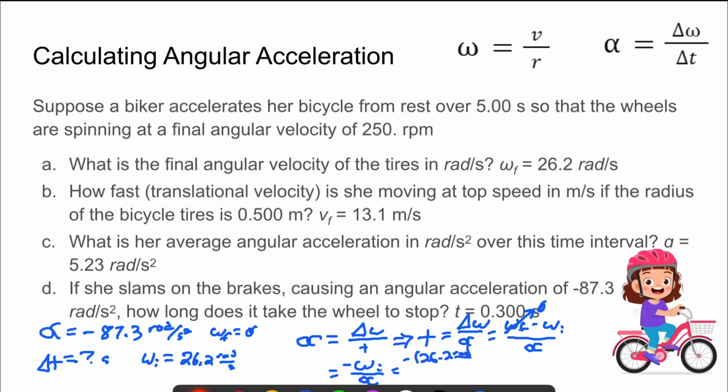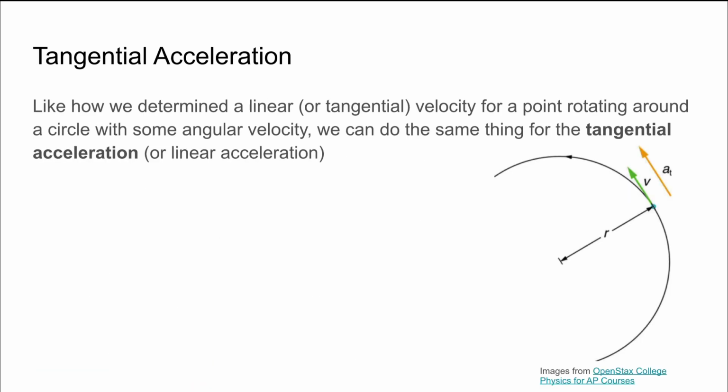or negative 26.2 radians per second divided by negative 87.3 radians per second squared, which should give us an amount of time that is 0.300 seconds. So just like how we determined a linear or a tangential velocity for a point rotating around a circle with some angular velocity, we can do the same thing for tangential acceleration or linear acceleration.